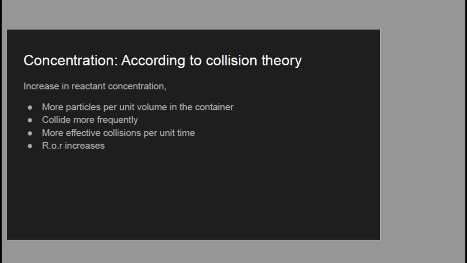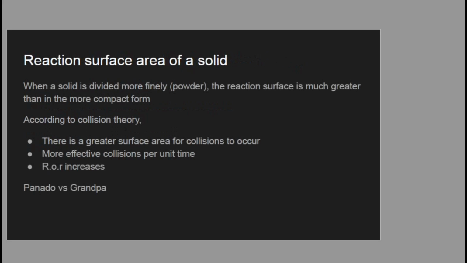So with an increase in the reactant concentration, there are more particles per unit volume in the container, exactly like the Ror example I just used. What happens is that the particles will therefore collide more frequently. Again, the third point there, which is similar to the one in temperature, there will be more effective collisions per unit time, and thus the rate of the reaction will increase.